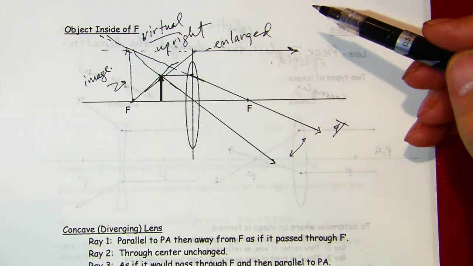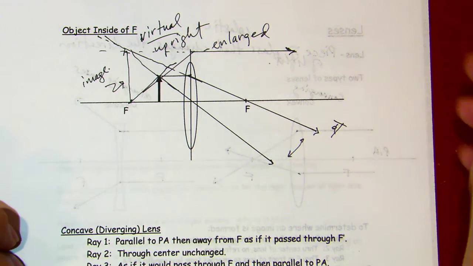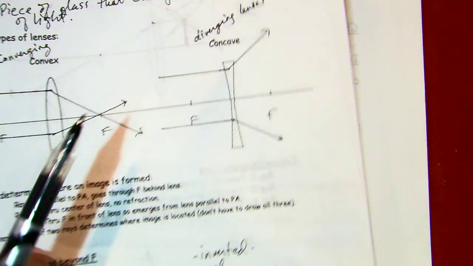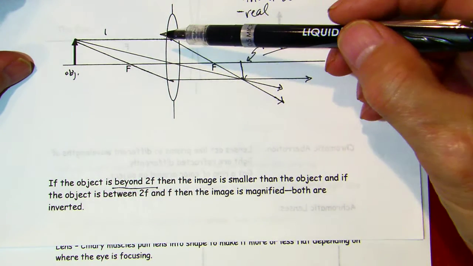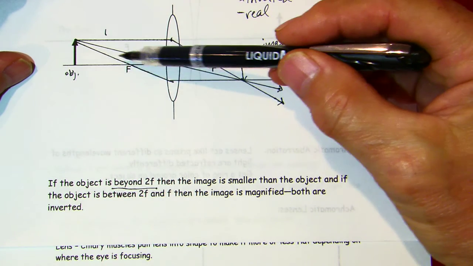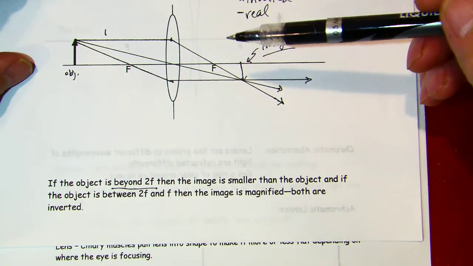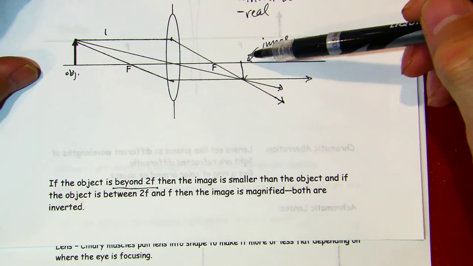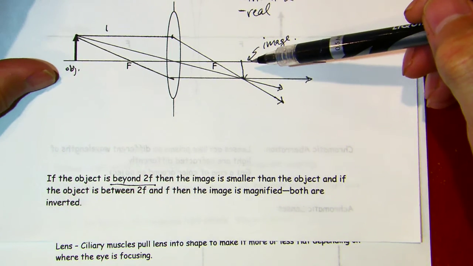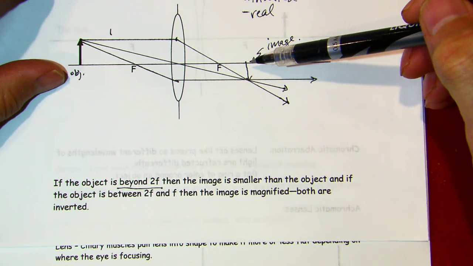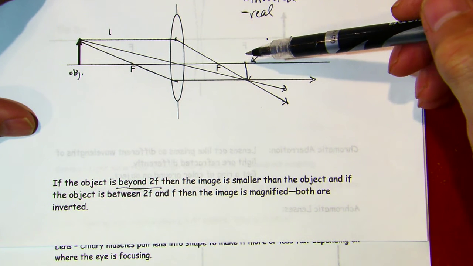So you're going to get two kinds of images with these lenses, converging lenses. Whenever you have the object outside the focal point, it's going to be inverted and it's going to be real. If it's a real image, you can put it on a screen. So think movie screen, for example.